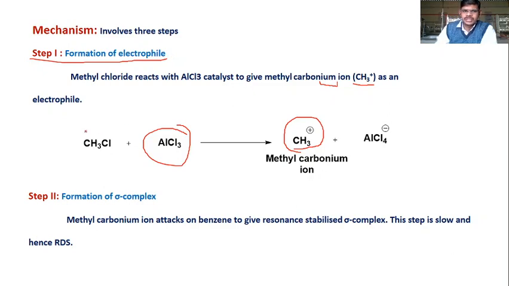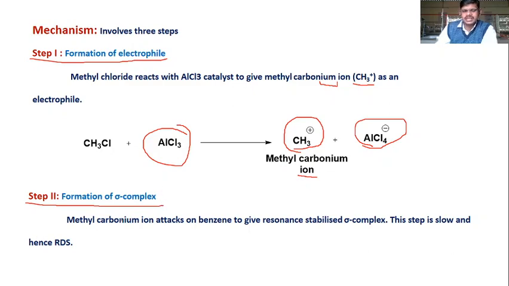So CH3Cl reacts with AlCl3 to give the methyl carbonium ion, the positively charged species, along with the AlCl4 minus base.